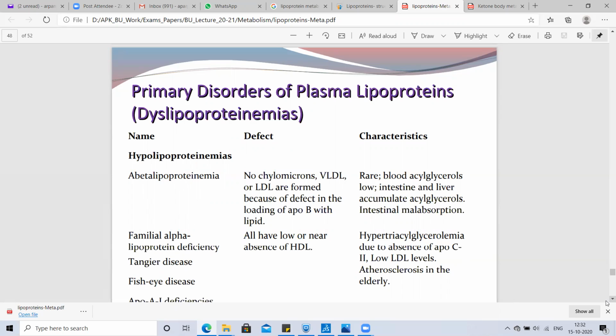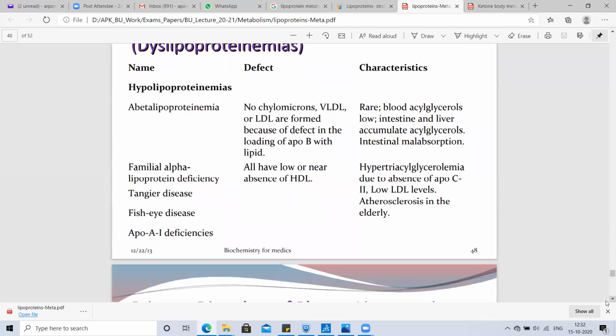Blood acylglycerols are low, the intestine and liver accumulate excess acylglycerols, and intestinal malabsorption happens. Then there is familial alpha lipoprotein deficiency, where a near absence of HDL is seen.